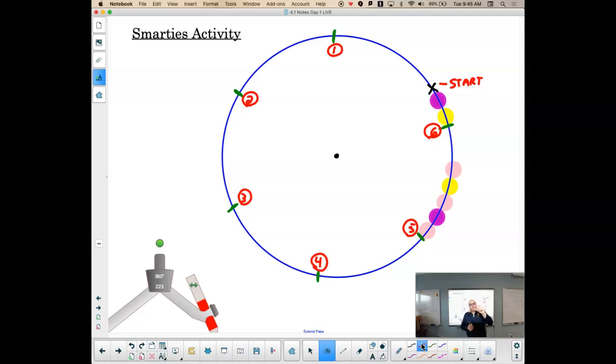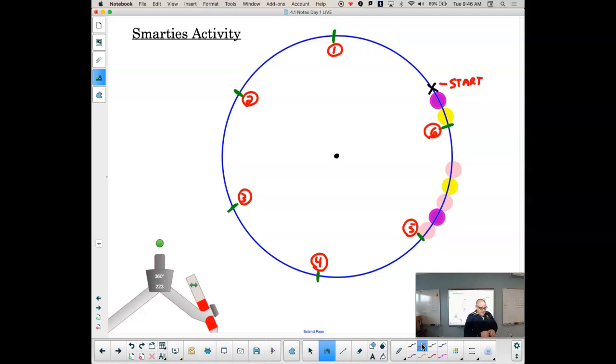Now, that little part is going to be dependent upon the size of your circular object. For mine, it was 2 because I was using 7. If you were using 4, it should be around just a little bit more than 1. Okay?